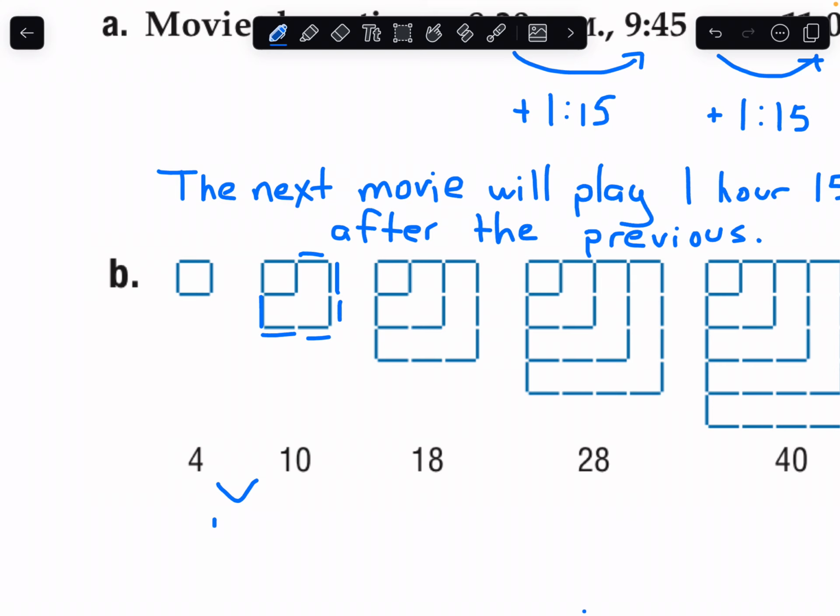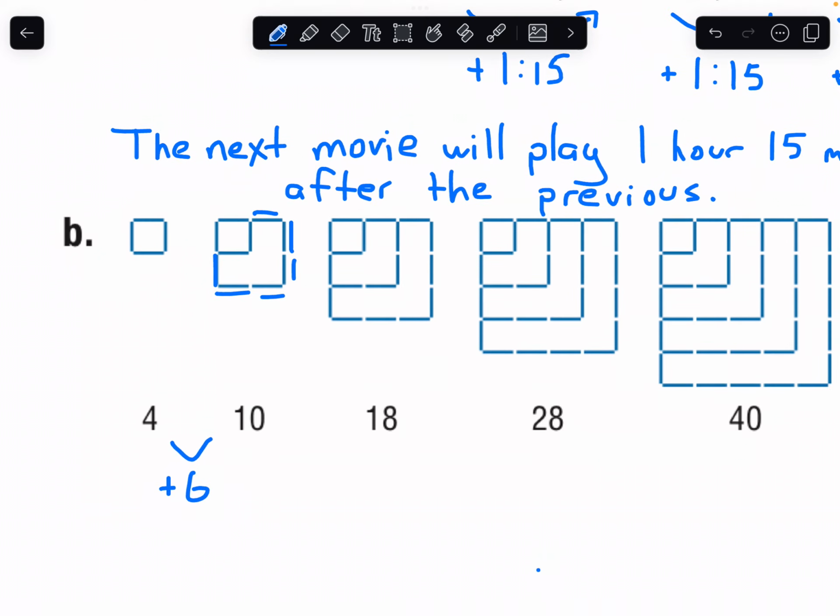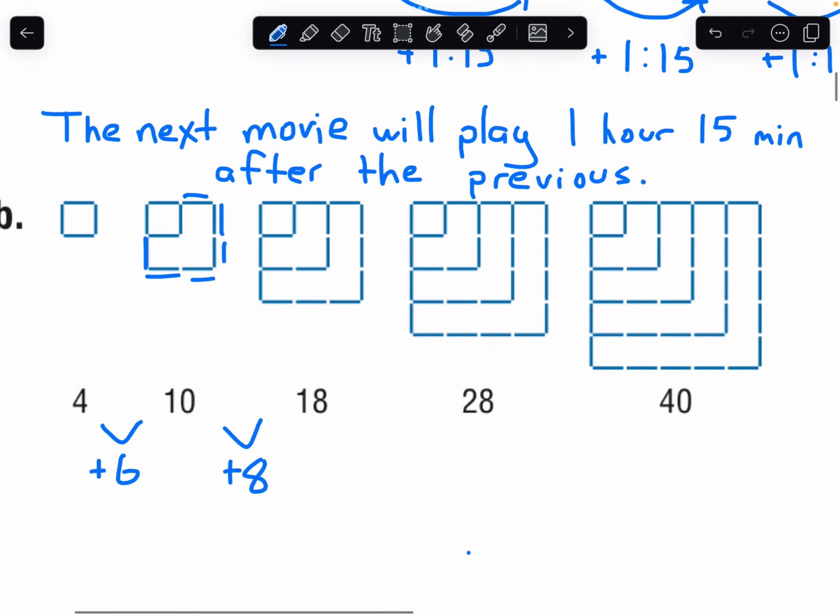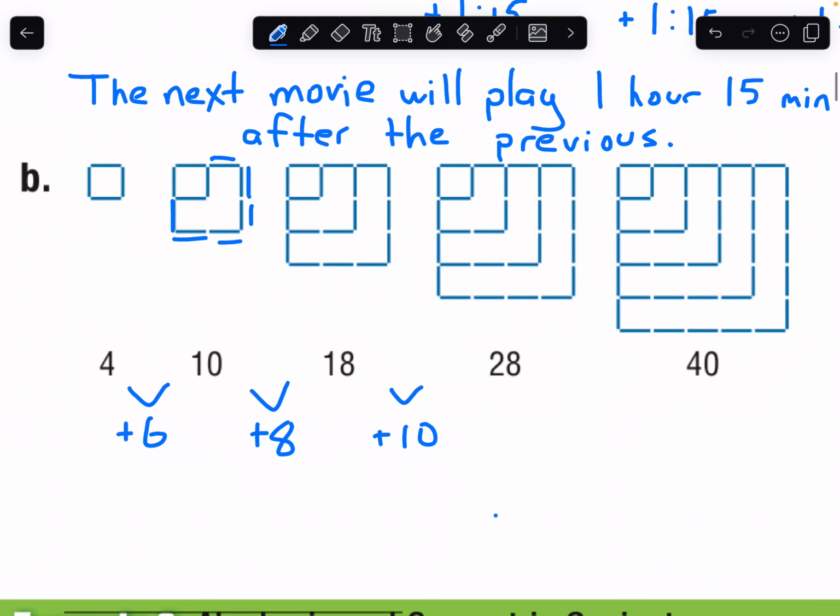Okay, so from 4 to 10 we added 6 of them. And then we added 8 more for now a total of 18. And then we added 10 more for a total of 28.